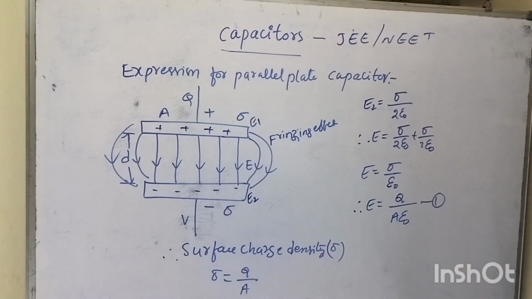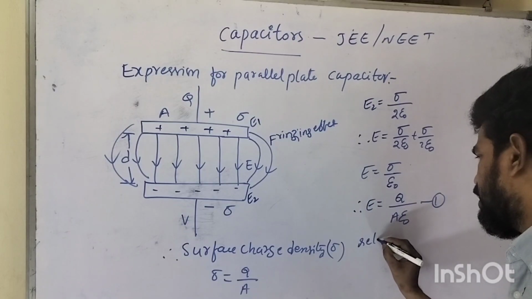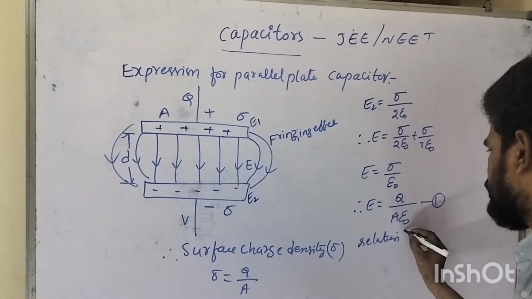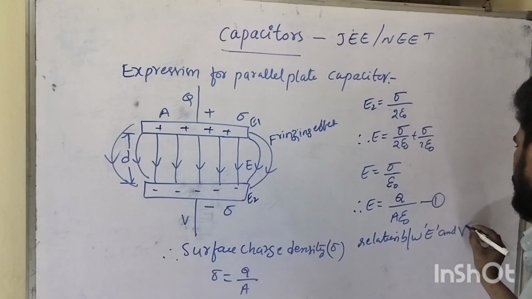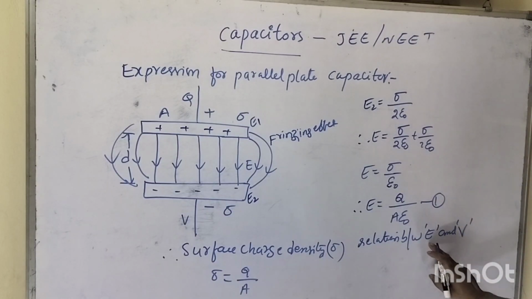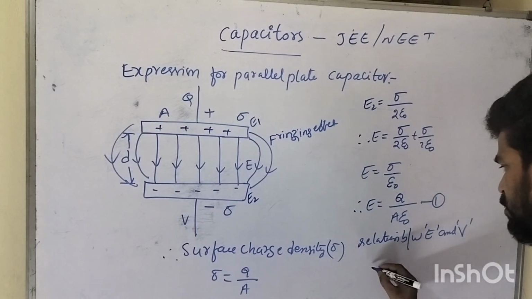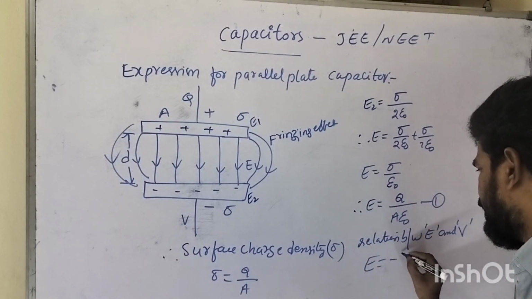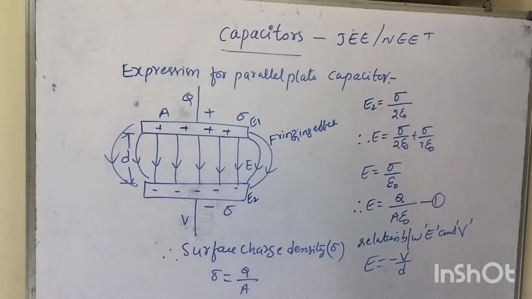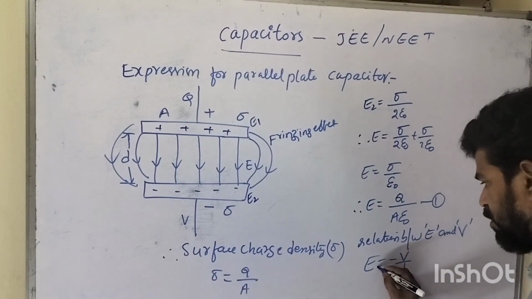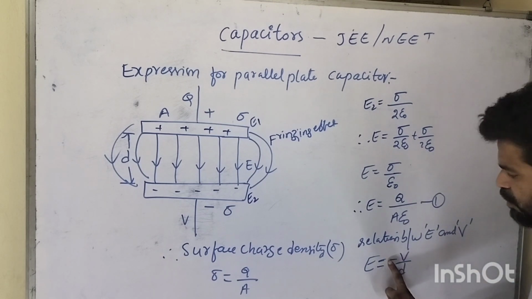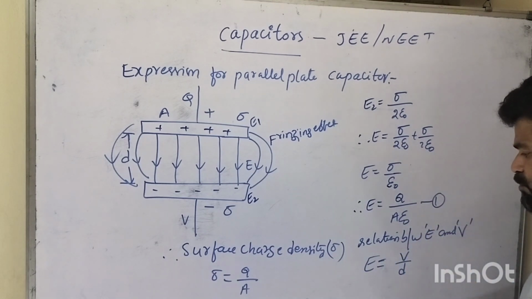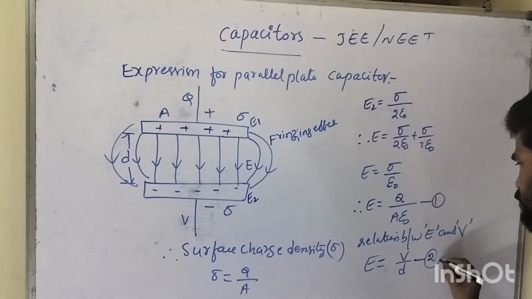Now the relation between electric field intensity E and potential V: E is equal to minus V by D. The negative sign indicates the opposite direction of potential, but I am not considering the negative here. So this is equation 2.